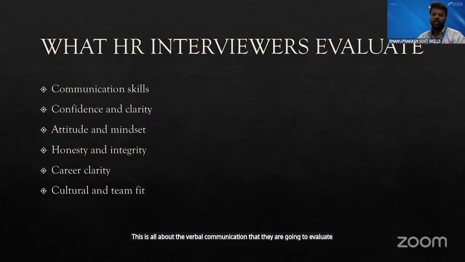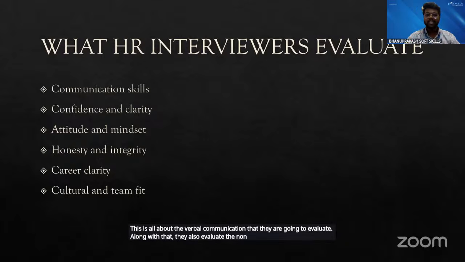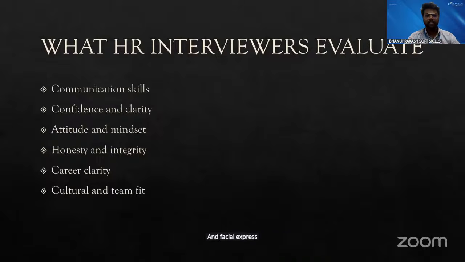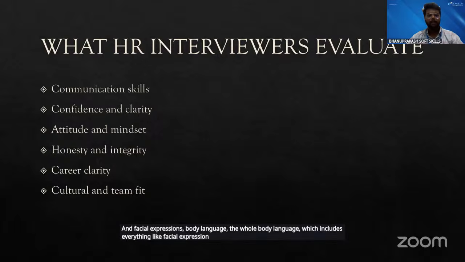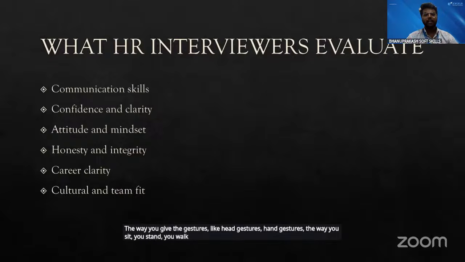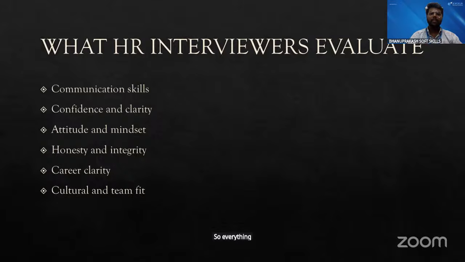They also evaluate non-verbal communication: eye contact, facial expressions, the whole body language, the way you smile, head gestures, hand gestures, the way you sit, stand, and walk. Everything will be checked in the non-verbal communication.